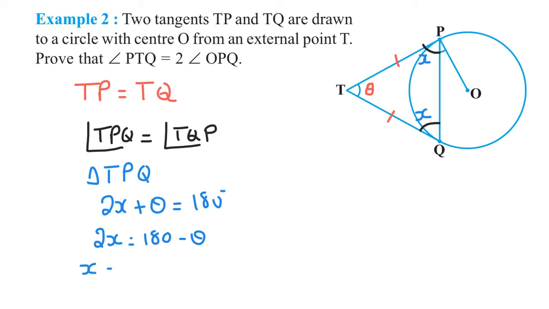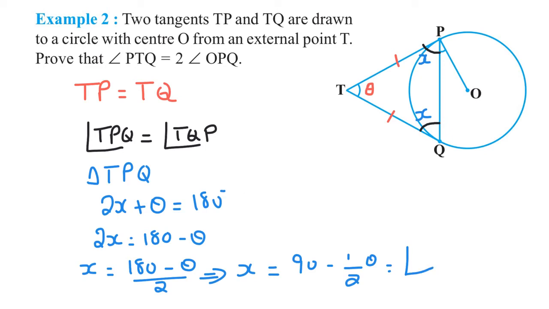Therefore, x will be equal to (180 minus theta) over 2, which I can write as x equal to 90 minus half theta. Our x is nothing but angle TPQ, which is also equal to angle TQP.